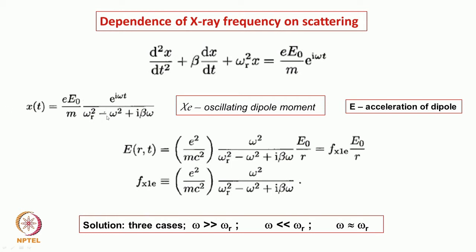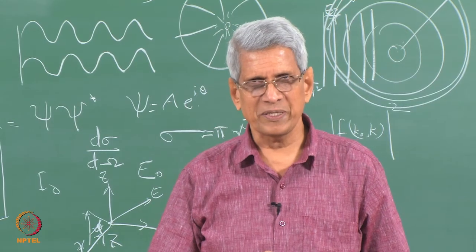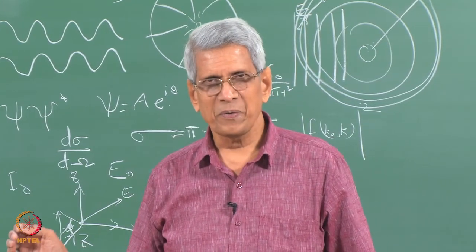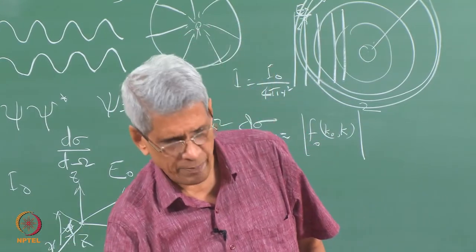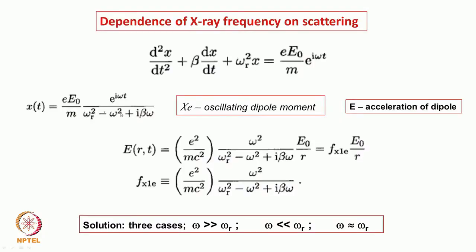So, here one is a resonant frequency of the electron which comes into the picture, which is dictated by the type of the atom, and another is the incident frequency. If you look at the electric field, similar expressions will come. Here three cases which we can consider.